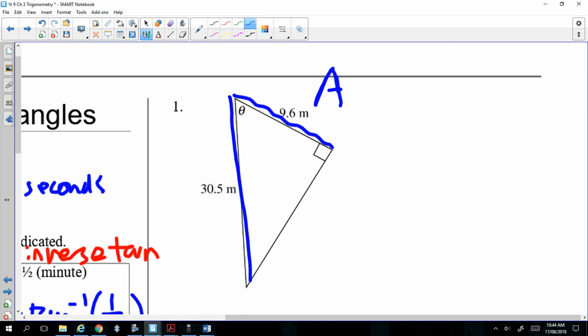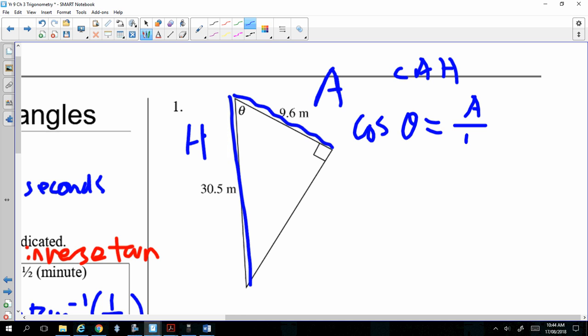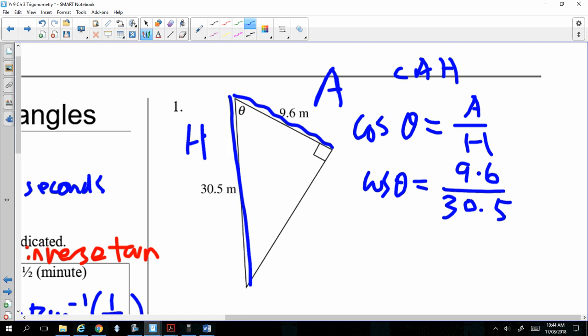Which one do we use: sine, cos, or tan? Cos, because adjacent and hypotenuse. So write cos theta equals adjacent over hypotenuse, where adjacent is 9.6 and hypotenuse is 30.5.